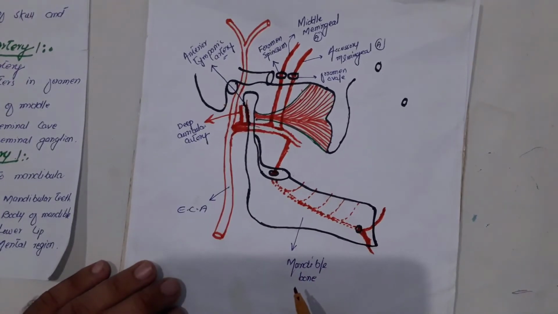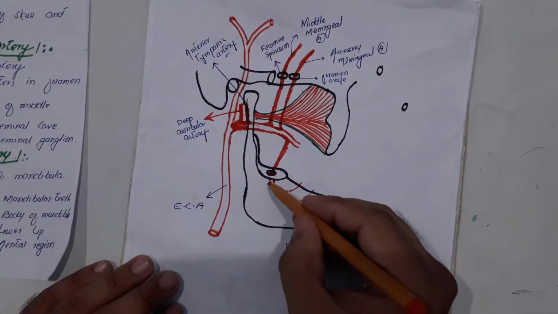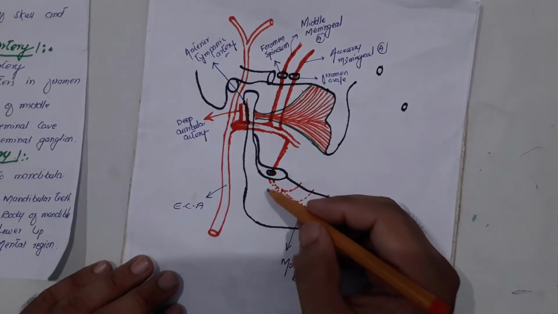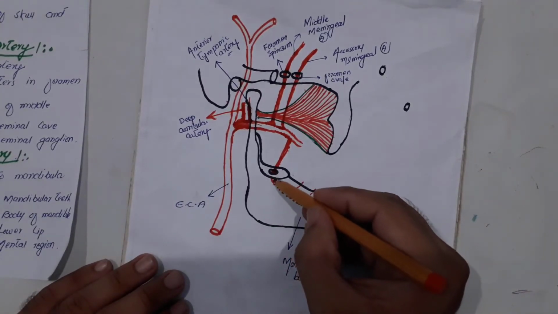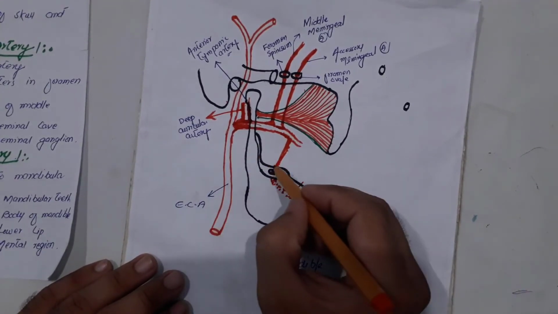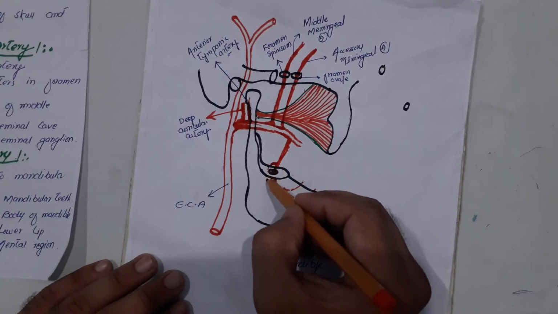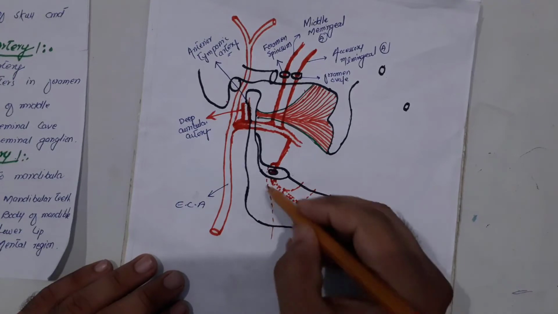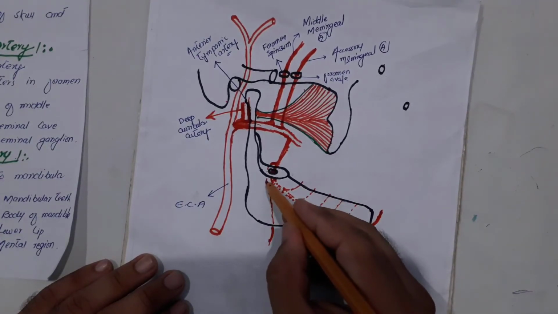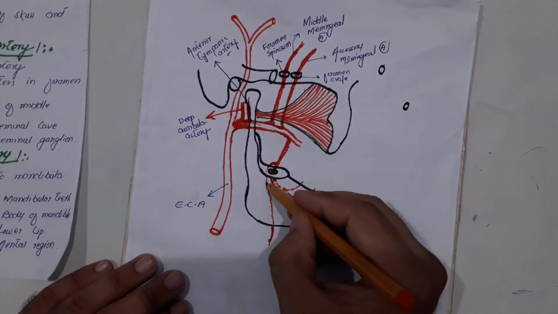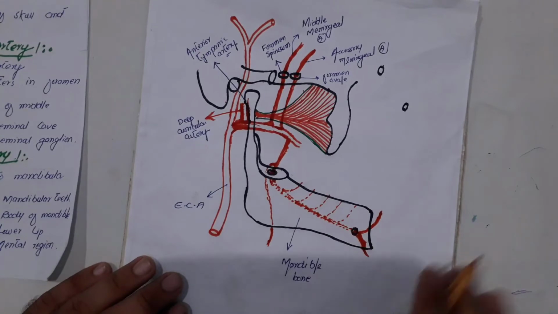Clear, friends? Another important branch that this artery gives is to a special muscle called the mylohyoid muscle, right? So from here, a branch separates and goes posteriorly to another special muscle here, and this artery is called the mylohyoid artery on the medial side of this mandible, right?